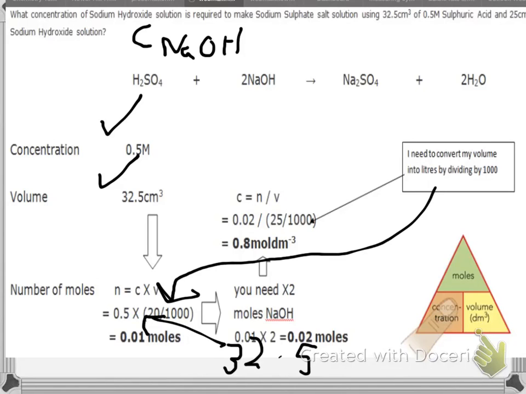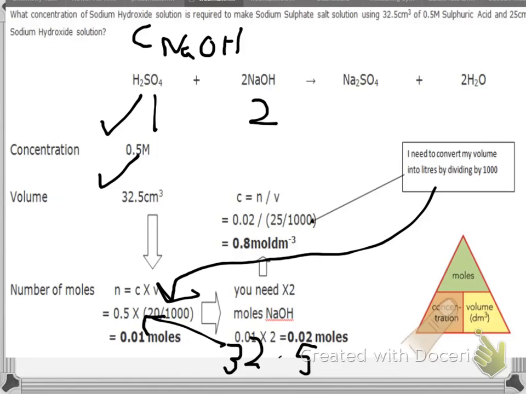Okay, then once I've looked at my volume, I need to look at balancing the equation. Okay, so for every 1 mole of sulfuric acid, I'm going to end up with 2 moles of sodium hydroxide.